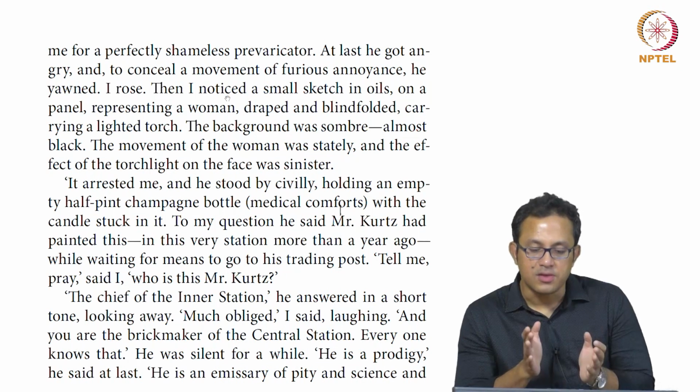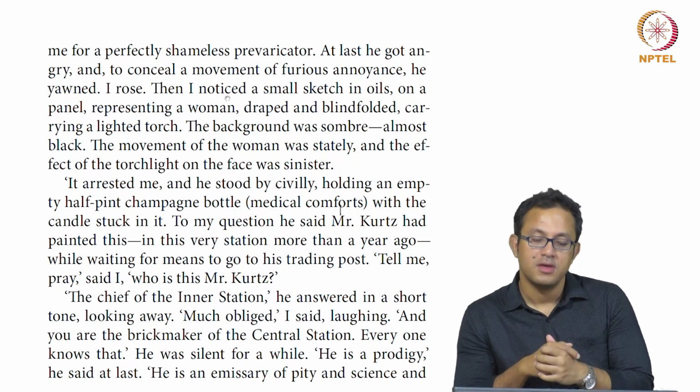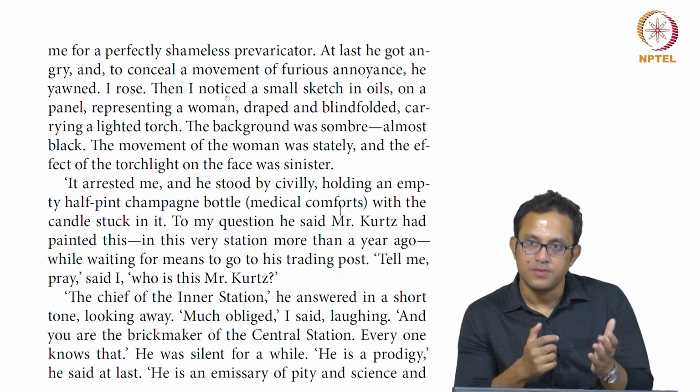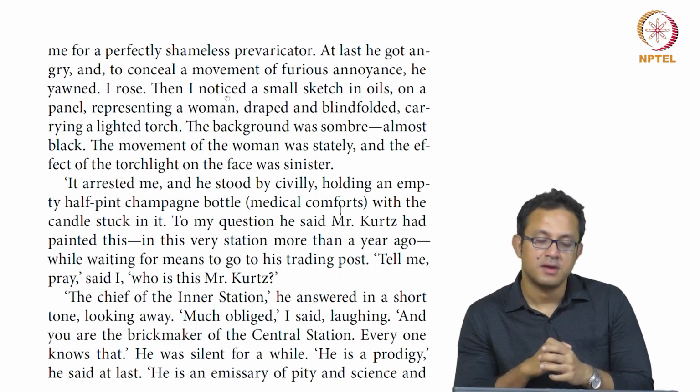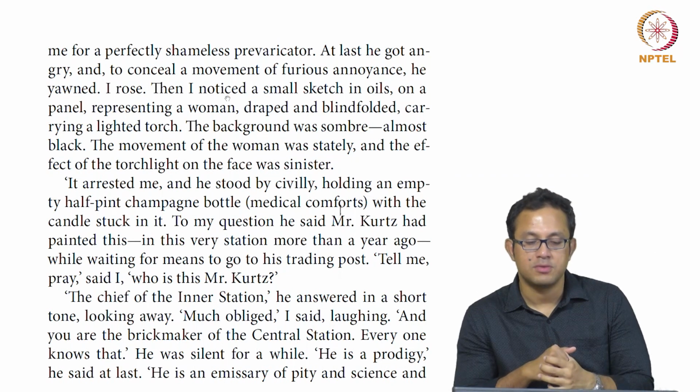Right? So in that sense, this particular painting is very symbolic because A, it represents Kurtz, and B, it represents the entire ambivalence around imperialism. So the whole mission of imperialism, as is popularly consumed as being a civilizing mission, as being an enlightening mission, that very figure of enlightenment and civilization is blindfolded away here.